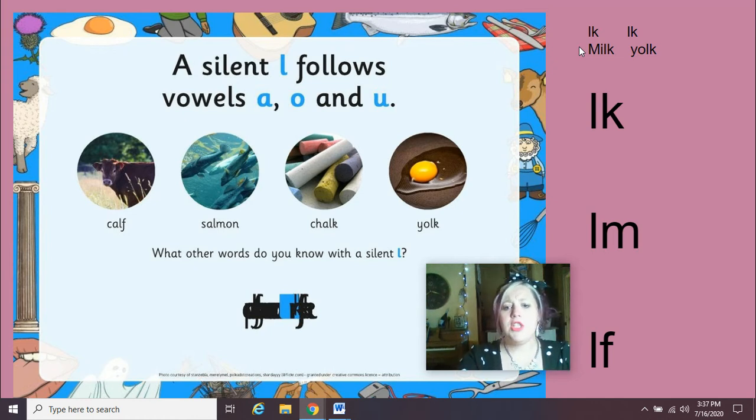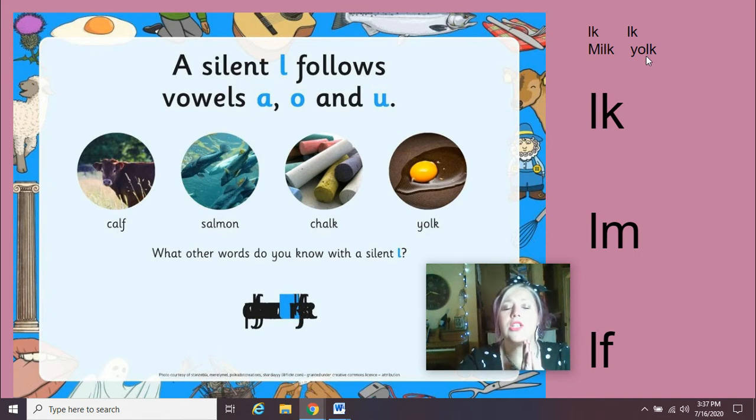Oh, but you just told me that LK was a ghost digraph. What is going on? I could hear it. But it didn't have A, O, or U. So if it's I or E, it's going to make that sound. Now look over here. We have yolk. It has an O, so it makes that silent, yolk. So that's a way for you to remember it.